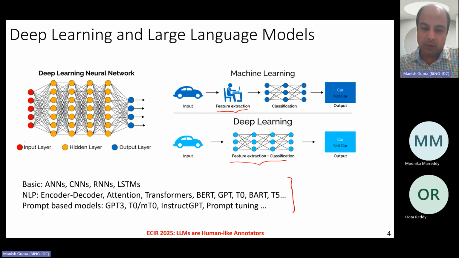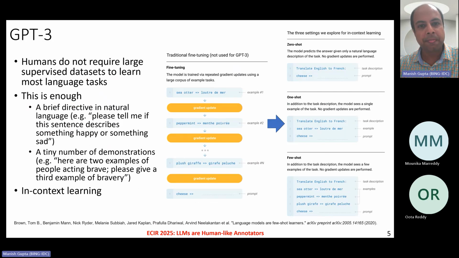More recently, the paradigm of learning has changed from fine-tuning to in-context learning, and that has given rise to prompt-based models like GPT-3, InstructGPT, and GPT-X versions, as we'll talk about in this tutorial.